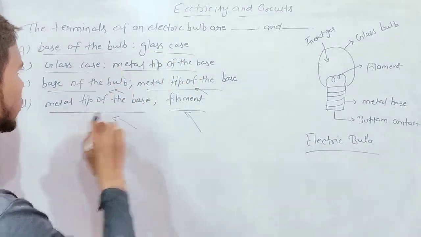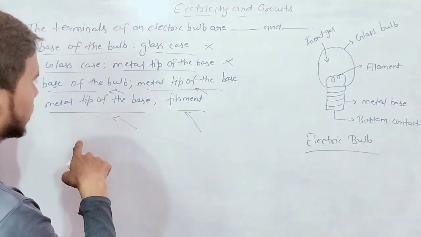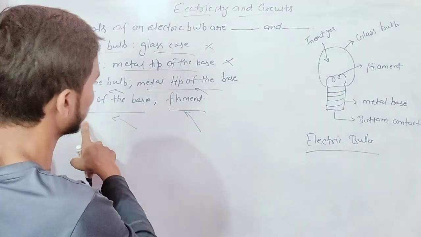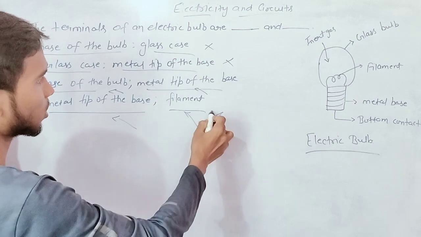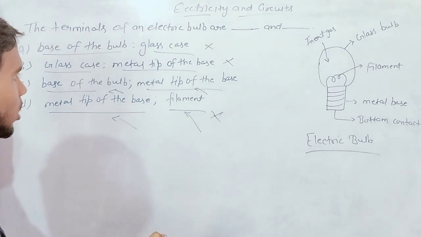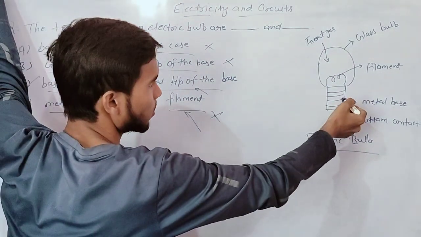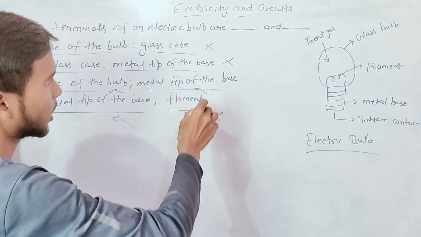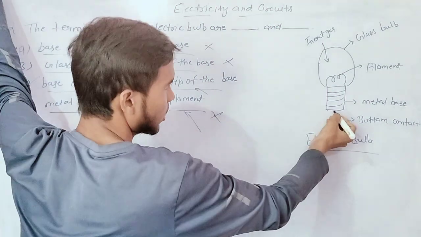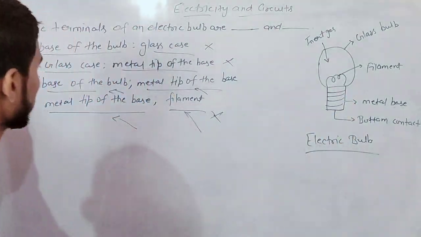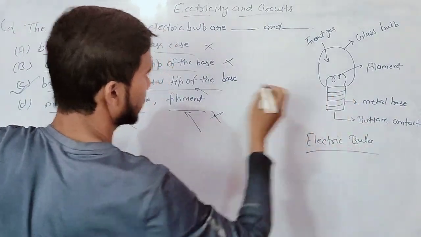Metal tip of the base can be one terminal. The filament is not a terminal. So yes, C will be the answer: base of the bulb, this is the base of the bulb, and the metal tip of the base, metal tip of this base. Clear?